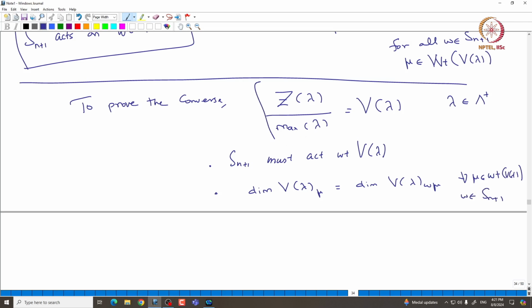For this representation also we must have this, otherwise we can't expect it to be a finite dimensional representation. So, this is the first step towards proving that V lambda is indeed finite dimensional.